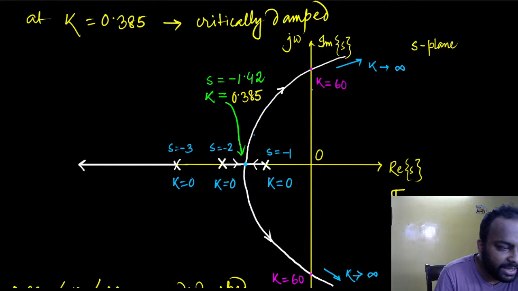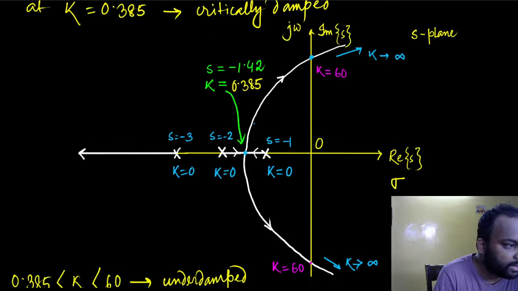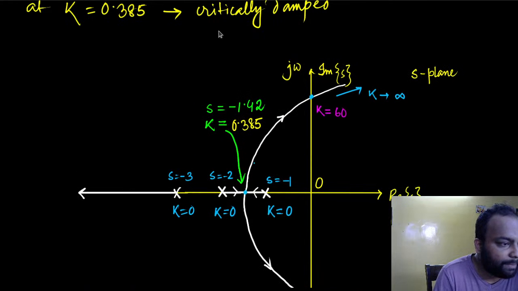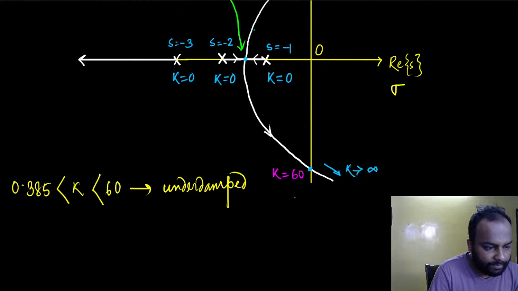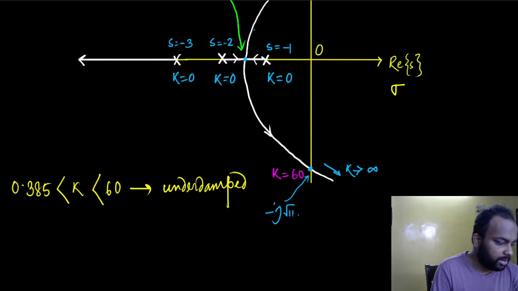When k is equal to 60, they cross the j omega axis, and this particular point here would be plus j root 11, and this particular point here would be minus j root 11. And now let me bring my calculator up.